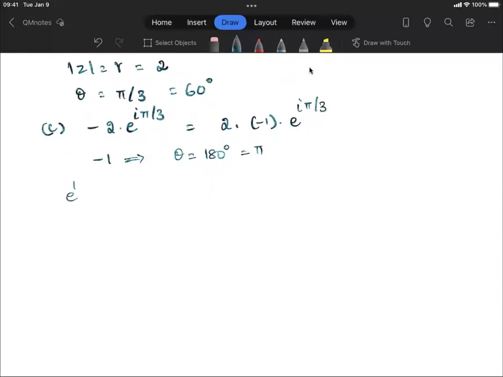Then what is the value of e to the power i pi? That's cos pi plus i sin pi.